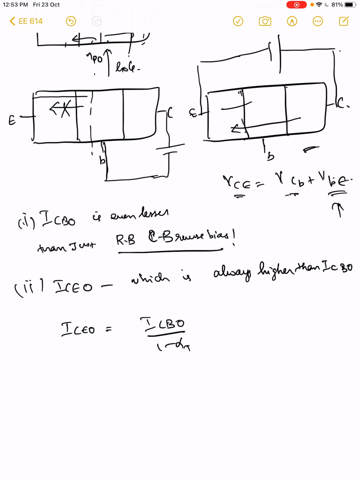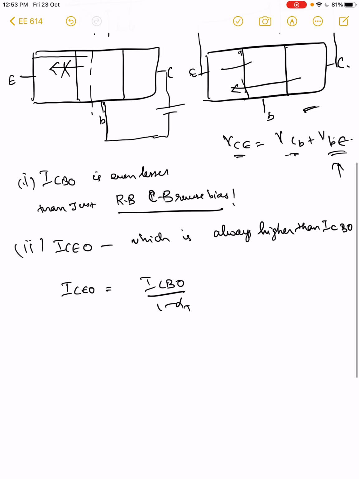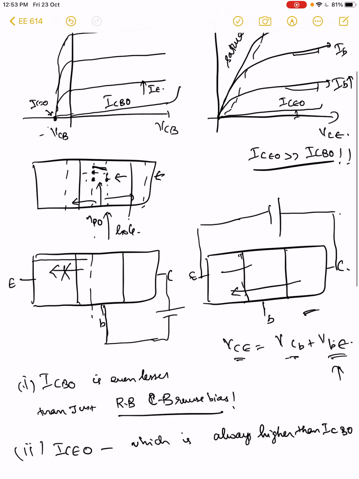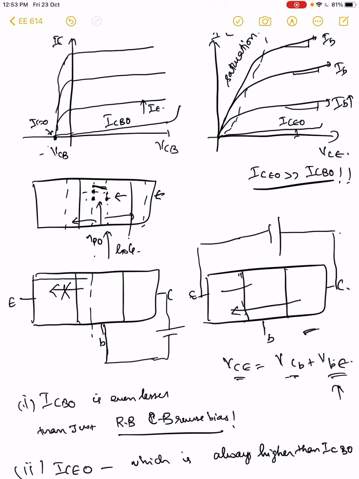Alright. In addition to this, just because you have a much smaller ICBO, you can also understand why the avalanche breakdown in the common base configuration is much larger.